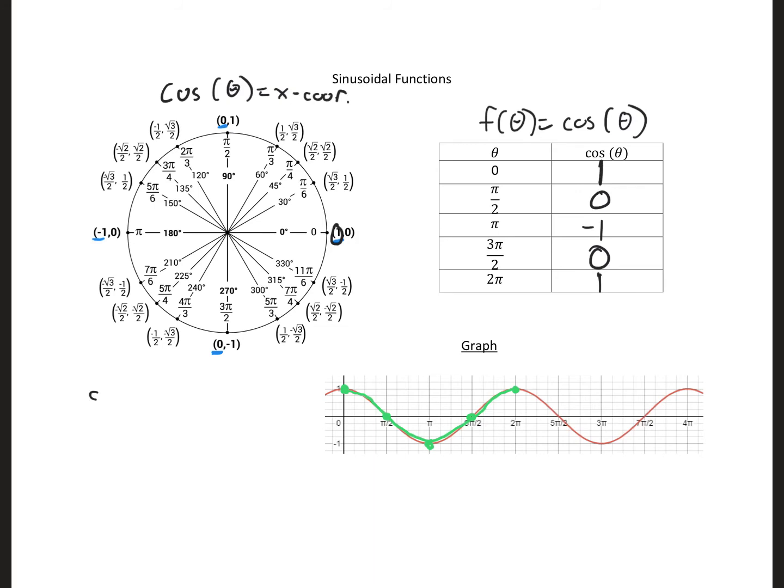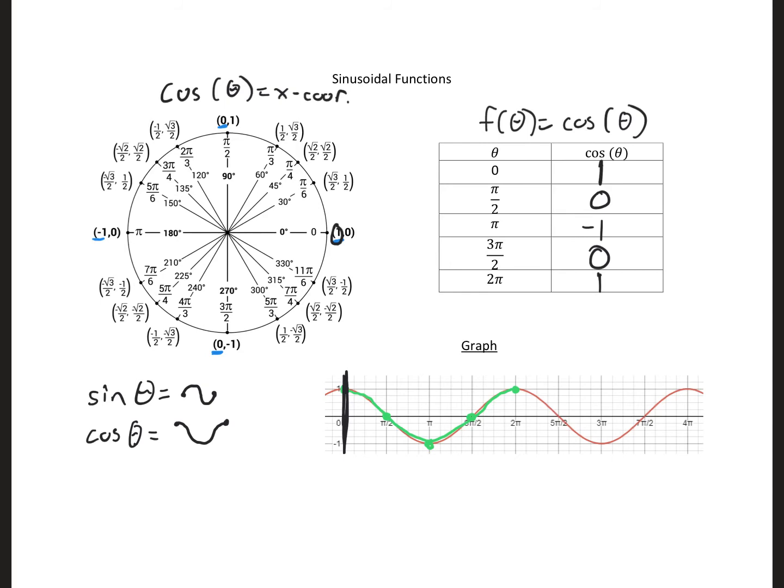Just in general, sine of theta is going to have a shape like this. Cosine of theta is going to have a shape more like this. That's going to be important later on if you want to recognize whether you're considering a graph of sine or a graph of cosine. I'm just referring to starting at the vertical intercept for those shapes.